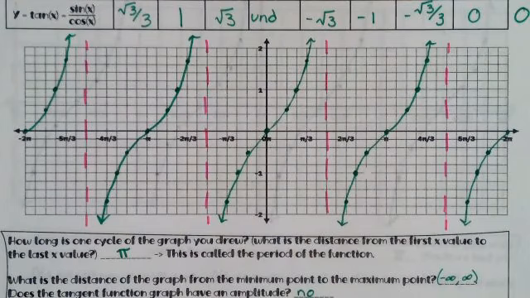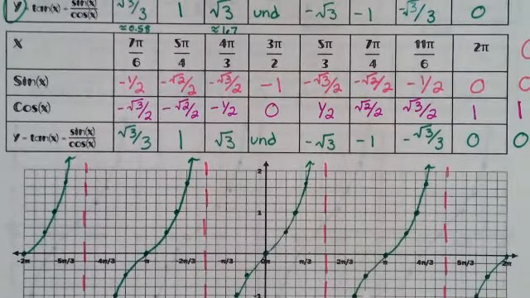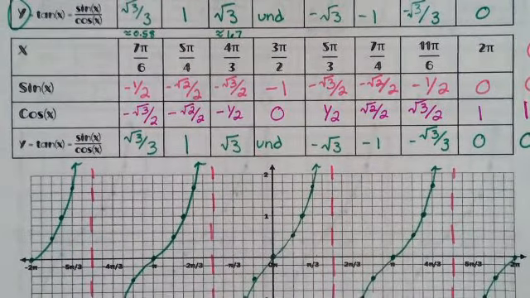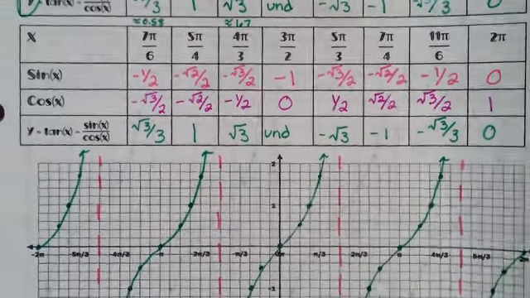Okay, now with that being said, we are going to jump to some of our handwritten notes for just a minute, and let's see what happens with our tangent graph. Okay, we will come back to this packet in just a few minutes, so definitely don't let this go too far away from you.